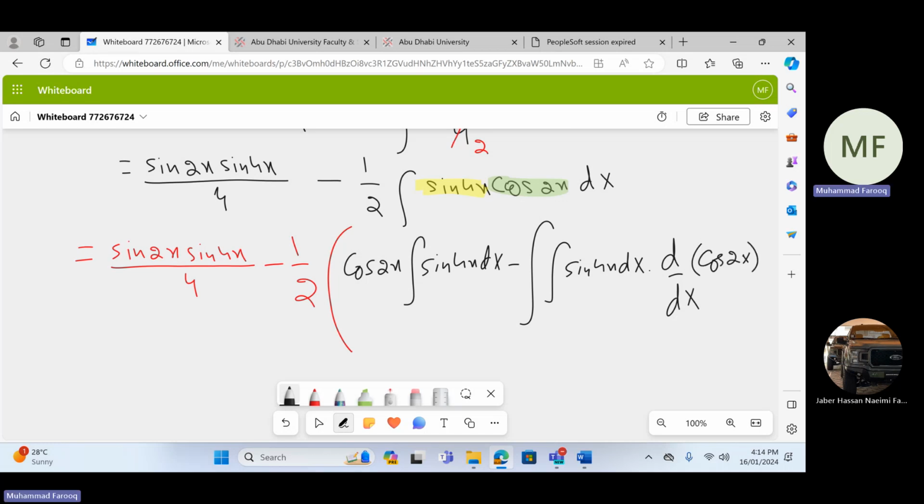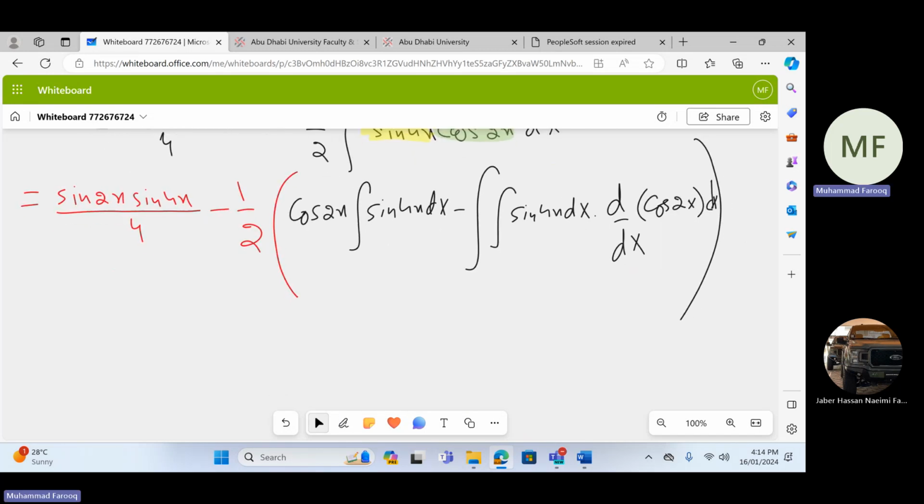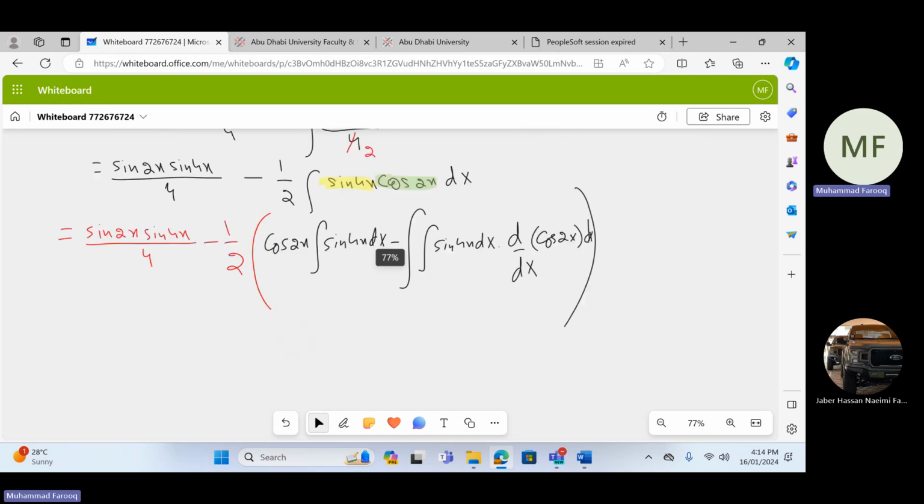Be careful, it is very interesting. Sine integration is negative, and cosine derivative is negative. So you have a lot of negative signs. You have to manage this question very carefully, otherwise with one negative problem, the whole question becomes wrong. So look at it, please.